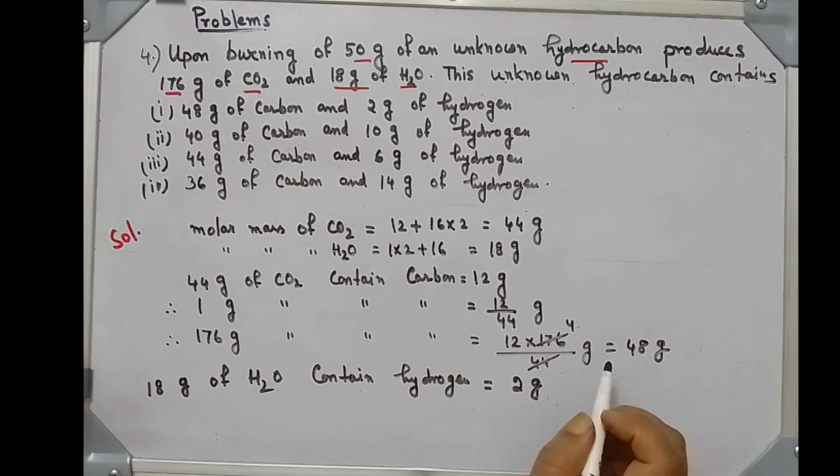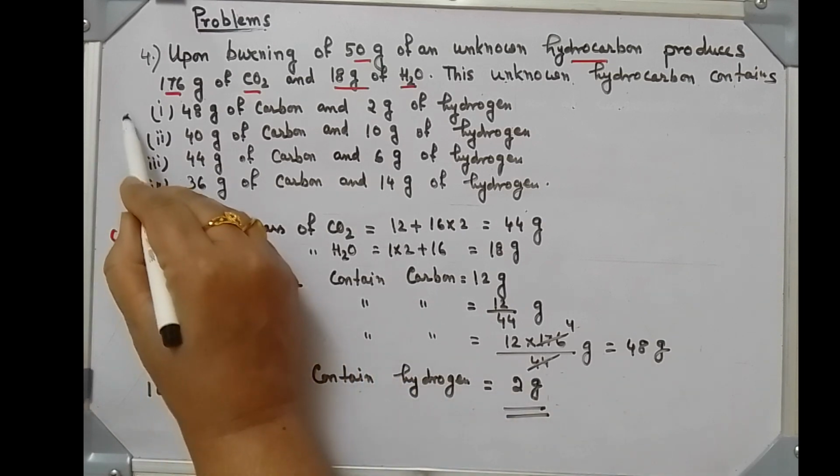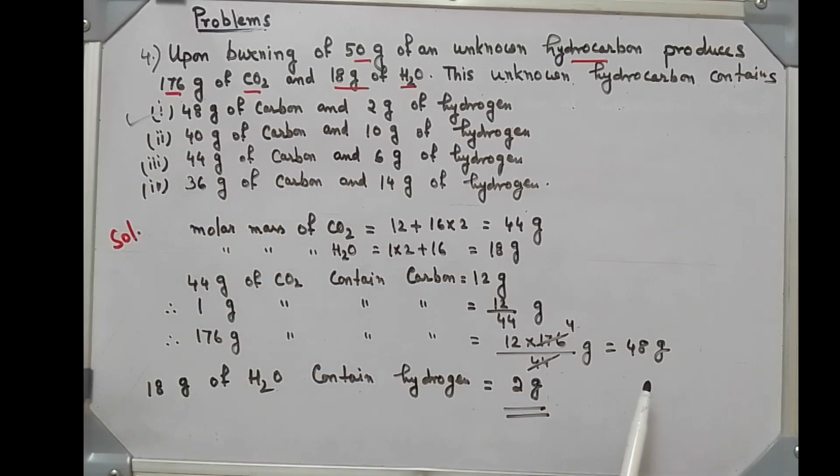Therefore, unknown hydrocarbon was also having this much gram of hydrogen. Okay, so which option is correct? First option is correct: 48 gram of carbon and 2 gram of hydrogen.